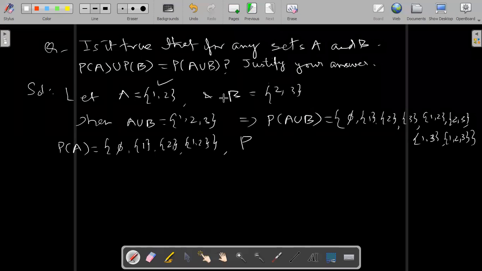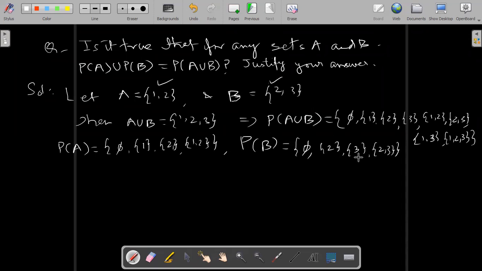Then write the power set of B. This is set B. Power set of B will be equal to null set, then 2, then 3, then 2, 3.